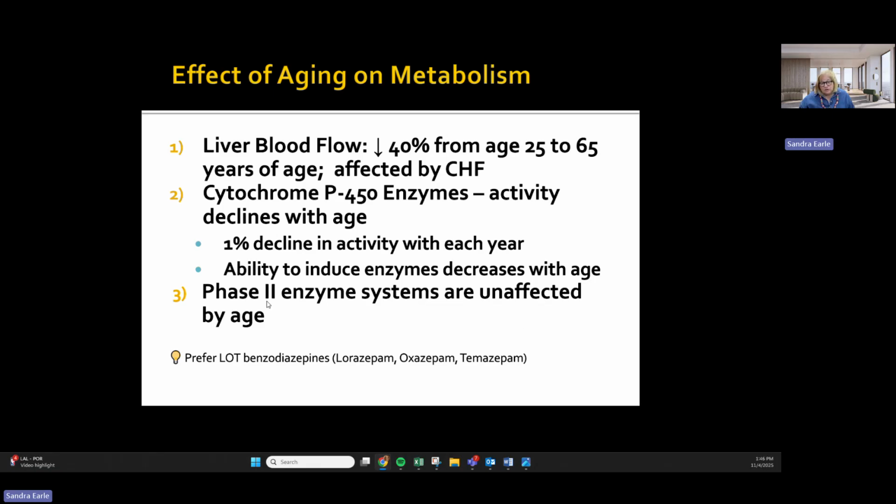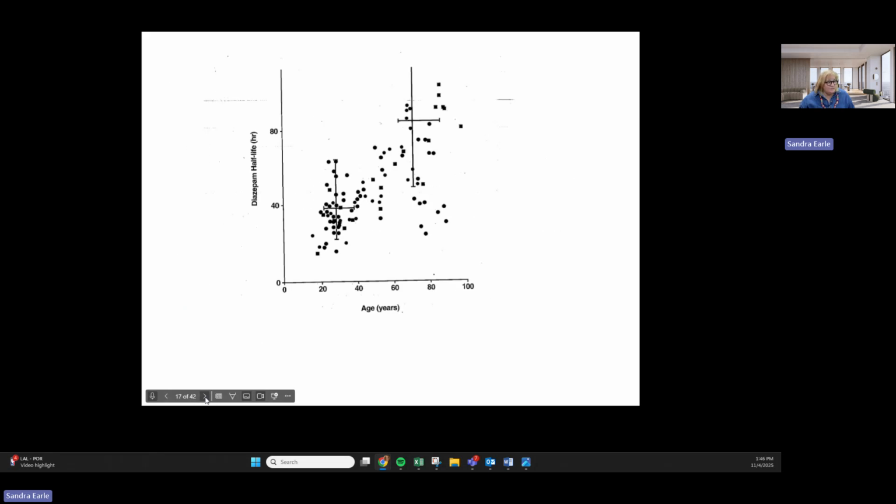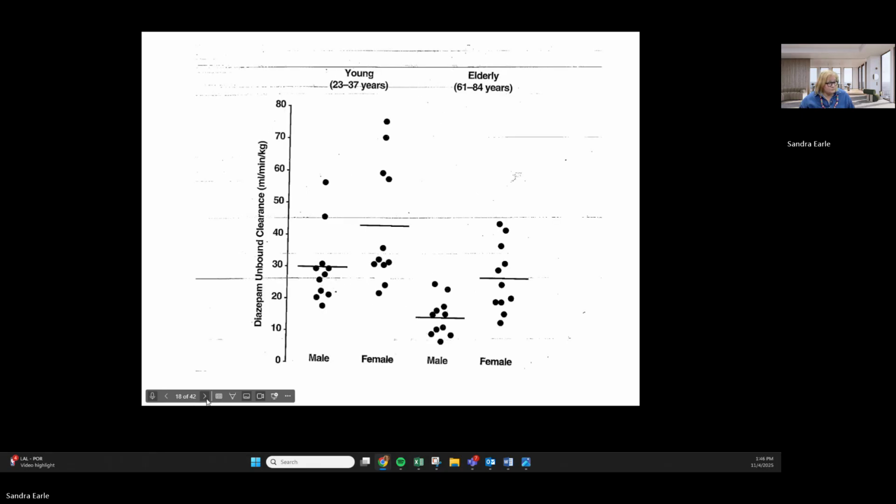Whereas other drugs like diazepam are cleared by the phase 1 enzymes and do have active metabolites. Therefore, we see this increase in half-life with age due to a decrease in clearance and probably an increase in volume because it's also fat soluble.